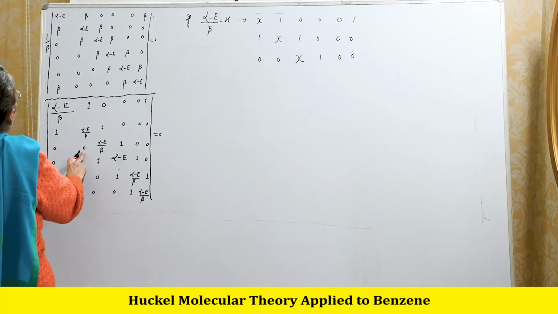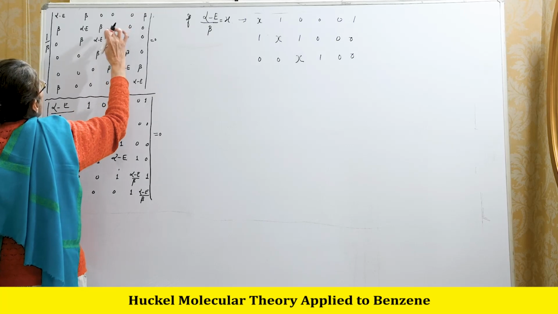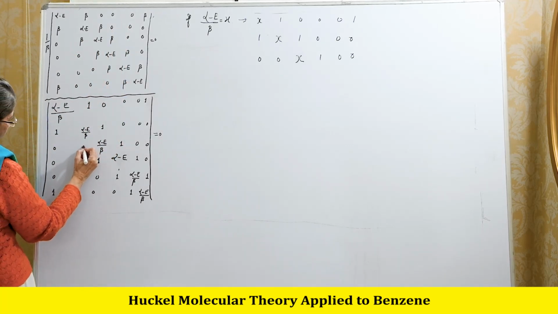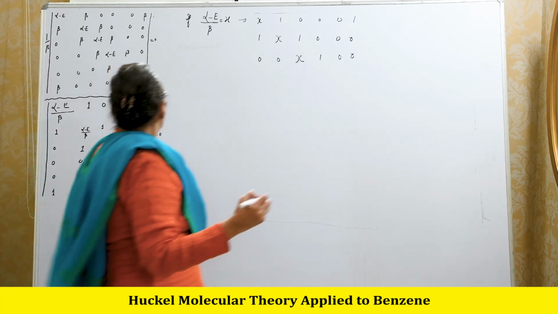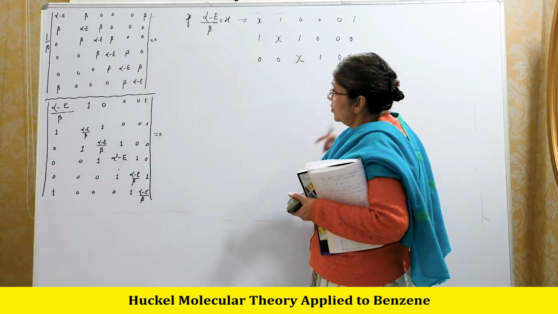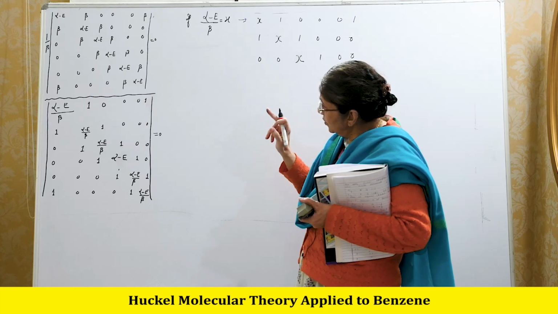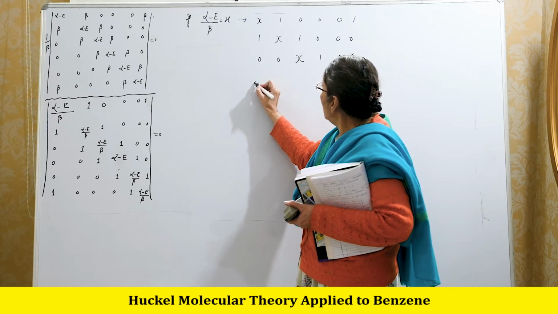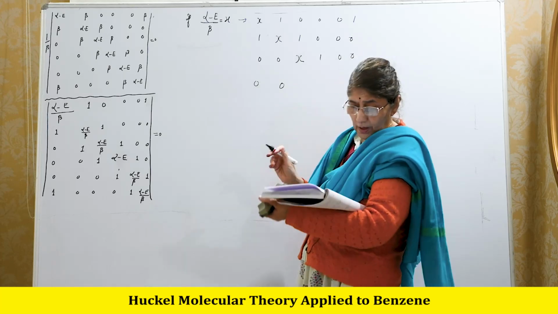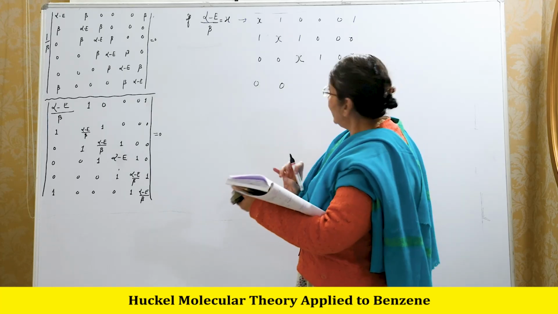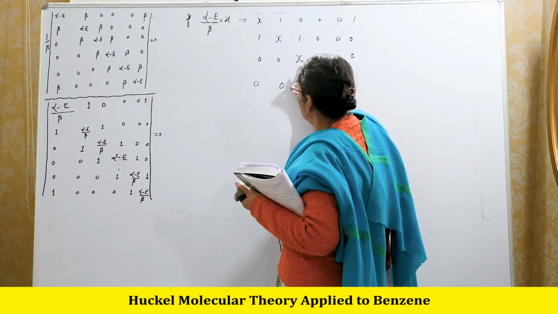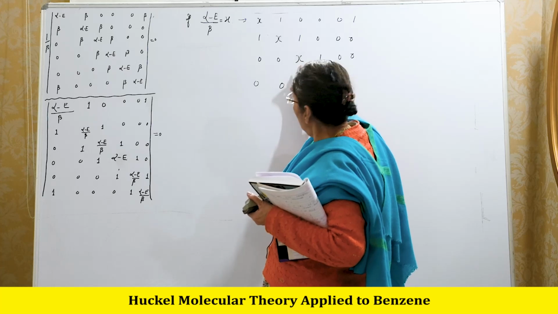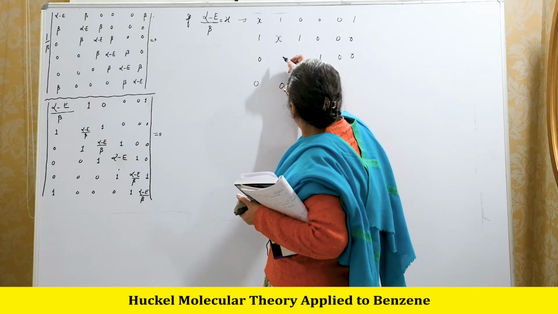Third line 1 2 3, third line is beta by beta, therefore it is 1. 0 0 x 1, third line 1 2 1 2 and 3 4 is 0 0. 1 2 3 1 x 1, 1 2 3 0, 1.